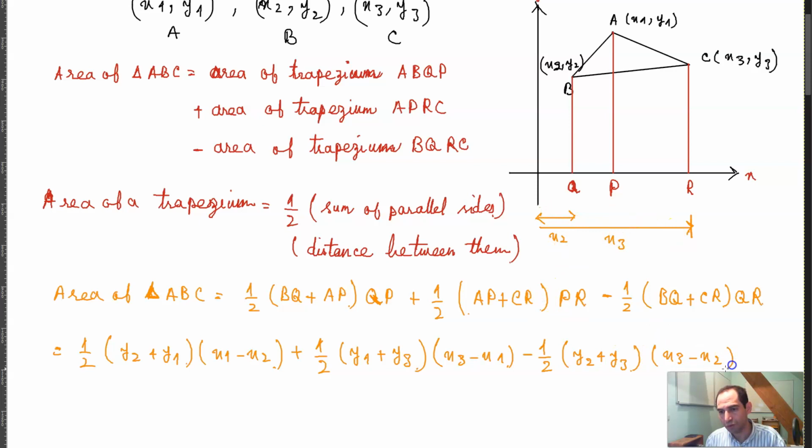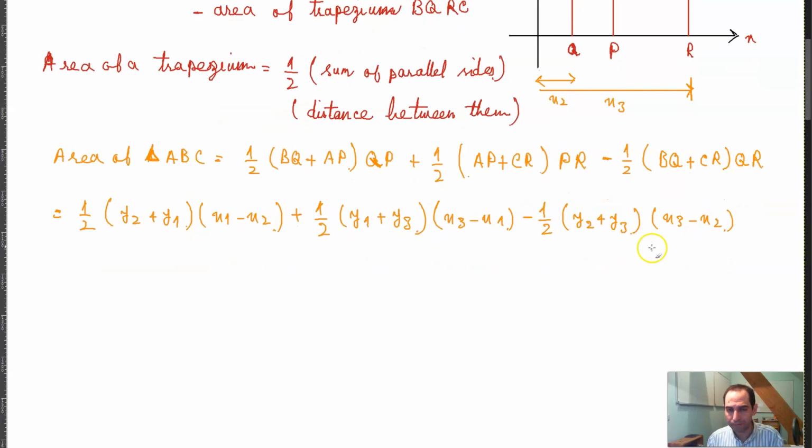Then I can rewrite this as y2 plus y1 times x1 minus x2, and y1 plus y3, and y2 plus y3 times x3 minus x2.